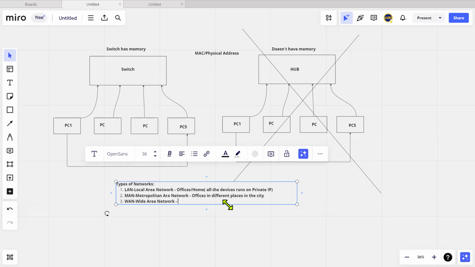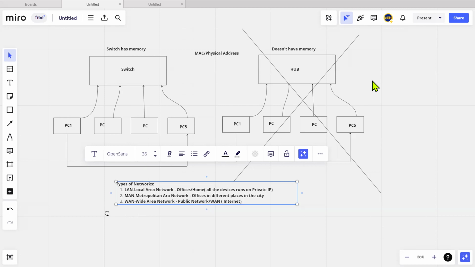So whether you call it the internet in layman language, public network, or WAN, it is the same.